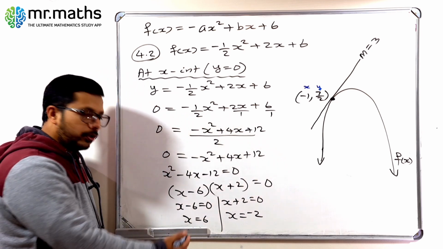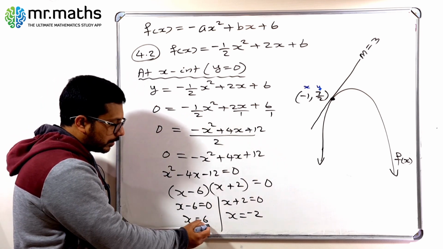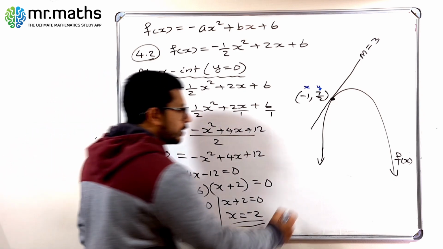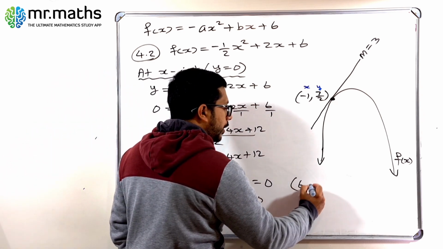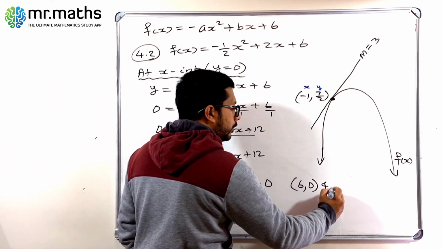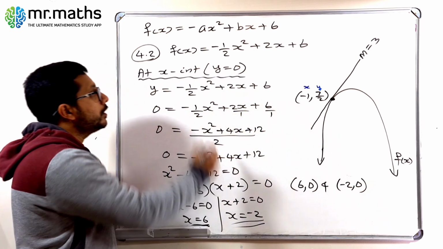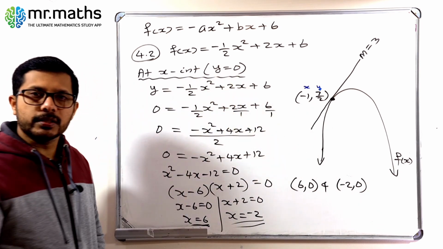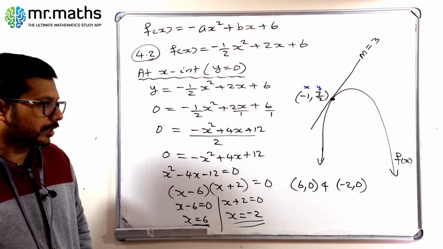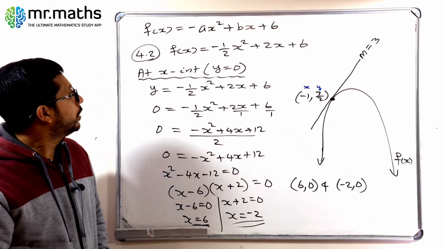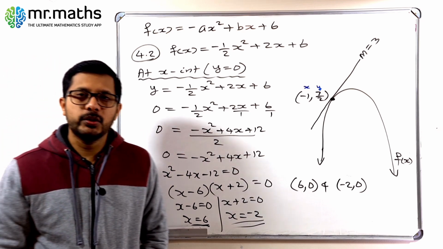So now we got two values of x: 6 and minus 2. So what are the x-intercepts? The y value of an x-intercept is 0, so the x-intercepts are 6 comma 0 and minus 2 comma 0. So that is question number 4.2.